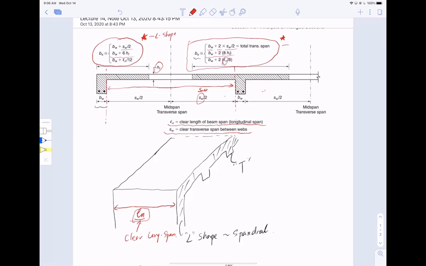On the right, this one is for the T shape. The only critical thing is to differentiate that Ln is the longitudinal span length and SW is the transverse span length. They're different.